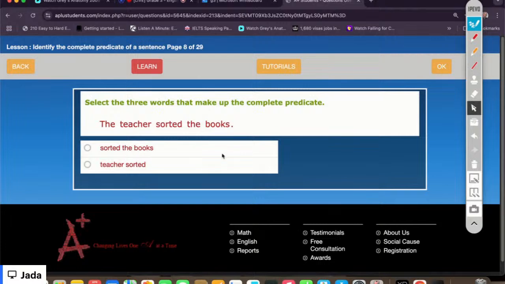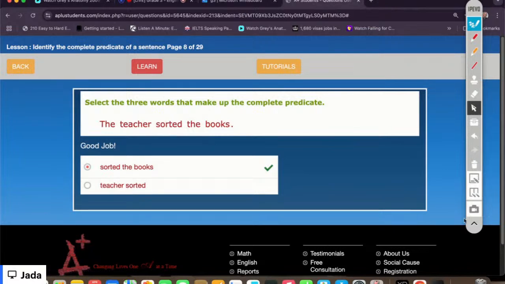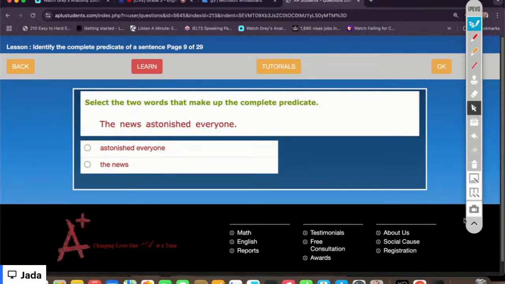So we have sorted the books. The news astonished everyone.